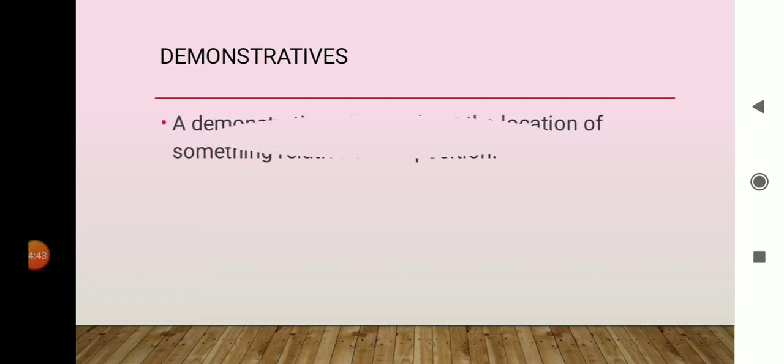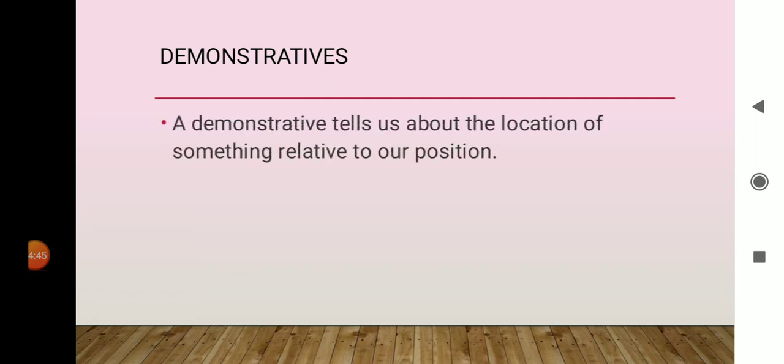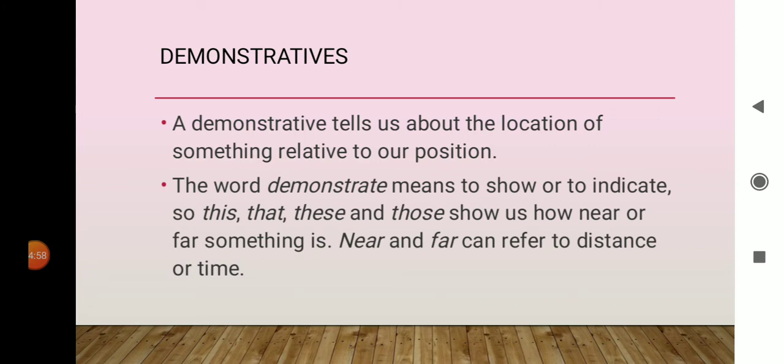Now children, let's see next one, demonstratives. A demonstrative tells us what the location of something is relative to our position. The word demonstrate means to show or to indicate.